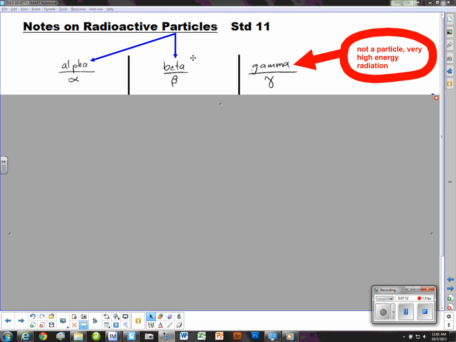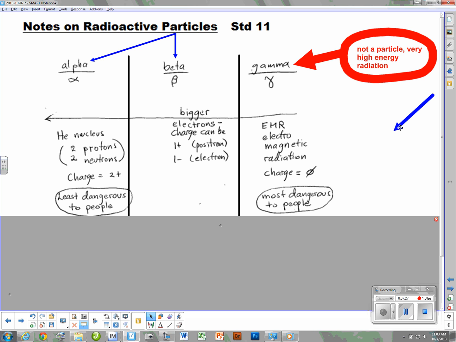What about this blue line stuff here? What does that mean for these two guys? They are, okay, and here the gamma radiation. Not a particle, very high energy radiation. So in this part right here, we're actually talking about size of particles and bigger going to the left.